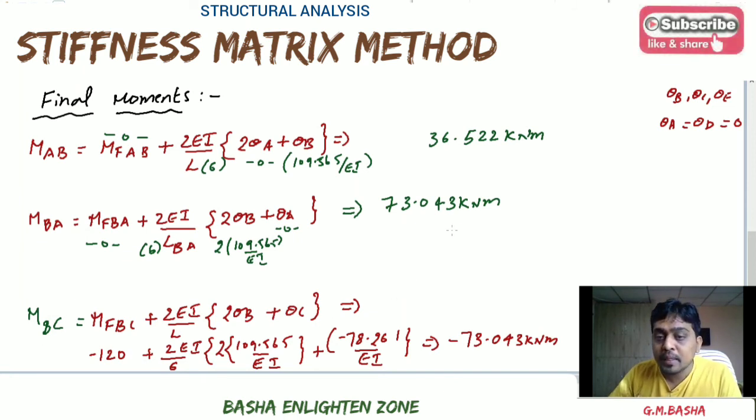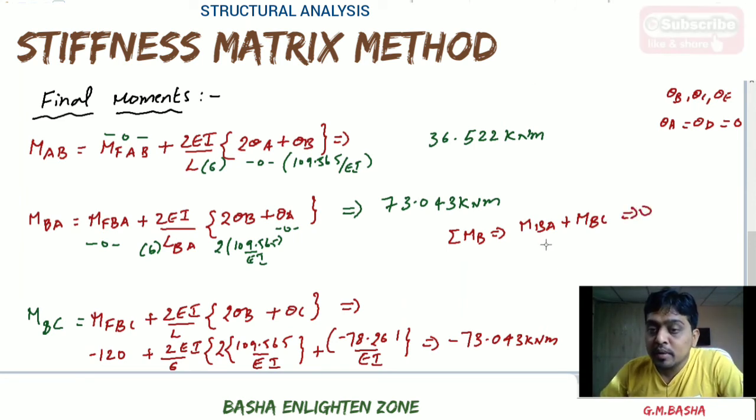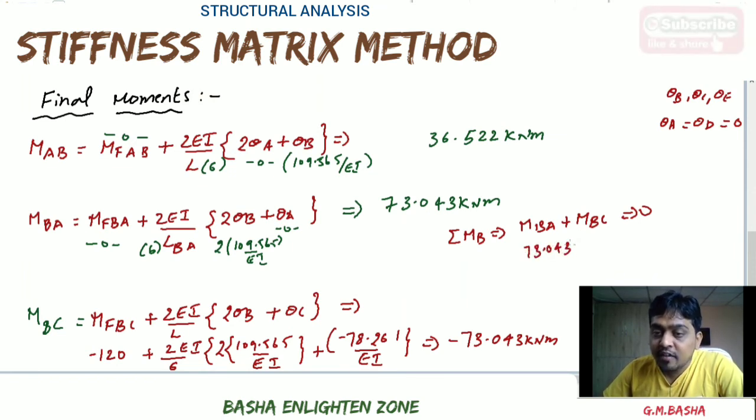Why? Because sum of the moments at joint B will be equal to MBA plus MBC will be equal to 0. Sum of the moments at a particular joint means final moment BA plus BC will be equal to 0. So here you will get 73.043, and in the same way, to make it 0 you will get the same value here, which is 73.043.